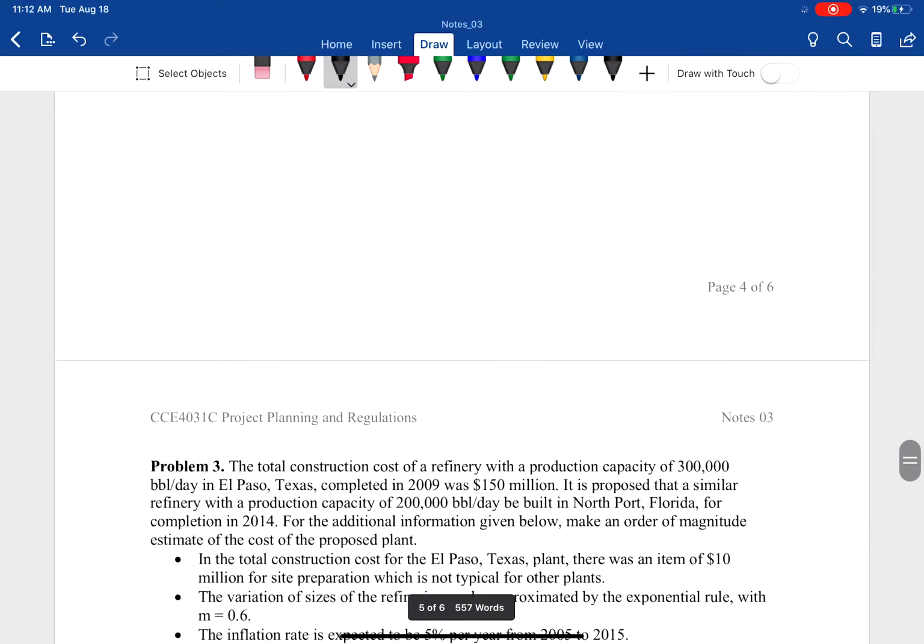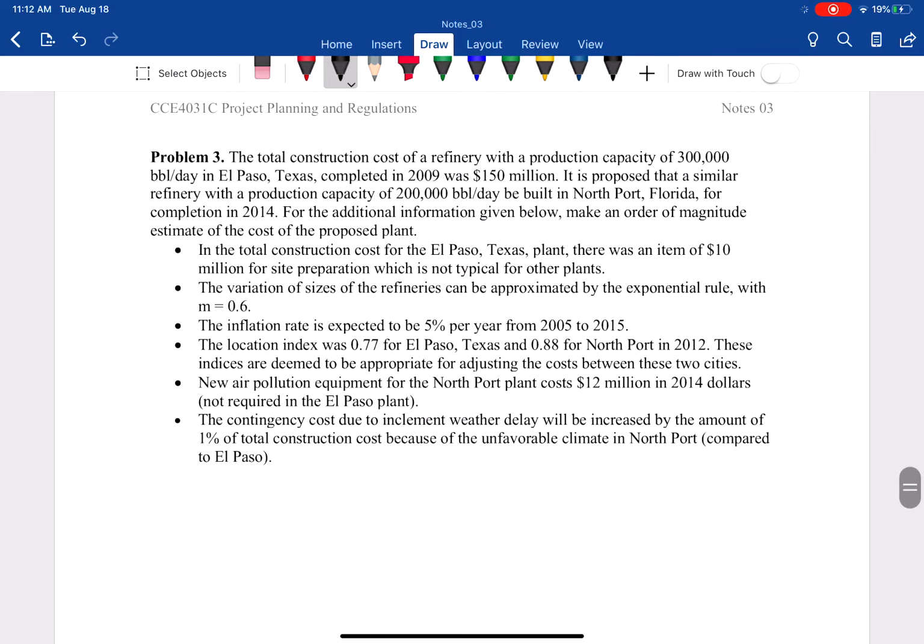And I'm applying that in this problem 3 here. This is an oil refinery plant, so it is measured by capacity in barrels per day, BBL per day. The total construction cost of the refinery with production capacity of 300,000 barrels per day in El Paso, Texas, completed in 2009, was $150 million.